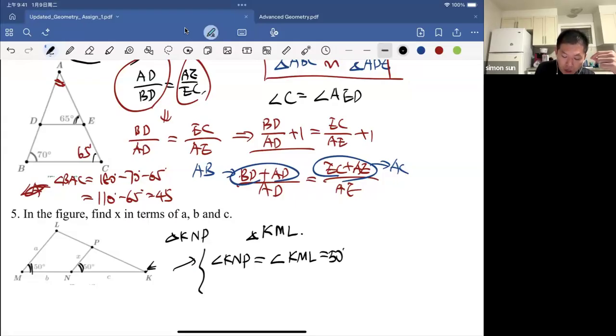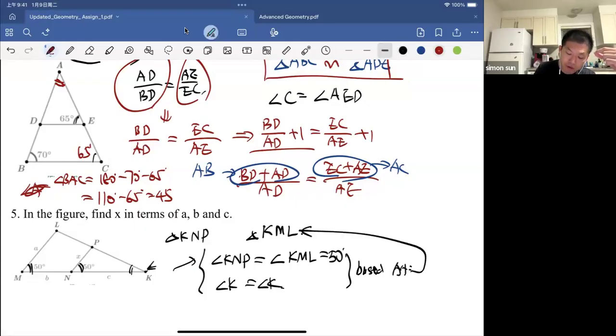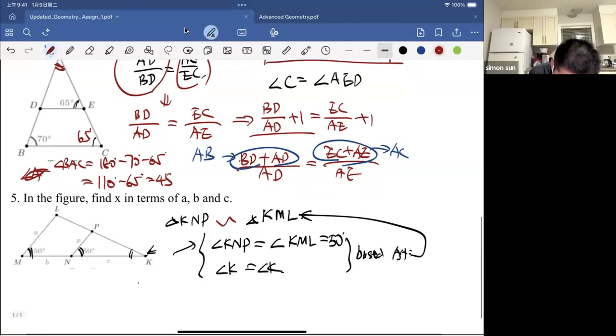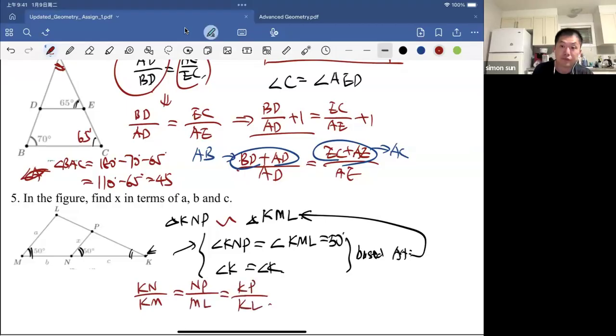They also share the common angle K, right? Based on AA, we prove those triangles are similar. Once you prove those triangles are similar, the corresponding side ratios will be the same. So KN over KM will be equal to NP over ML, equal to KP over KL.